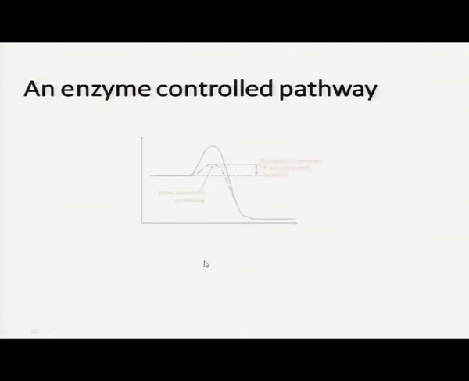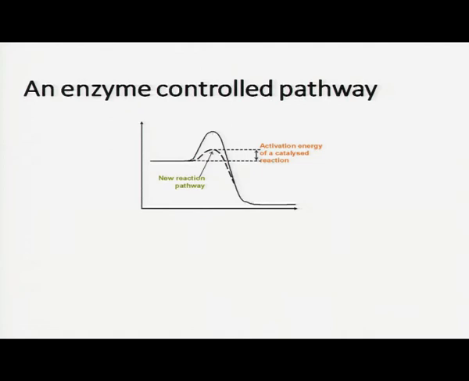You can see here, you can compare with the first graph. Here is the activation energy: at the time the reaction starts, the activation energy is this much, but when the enzyme is included, it forms a new path, that is a new reaction pathway.